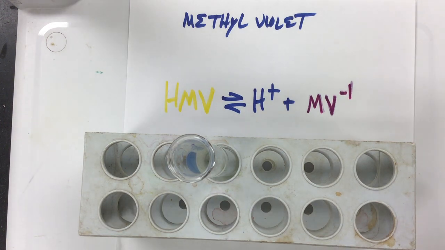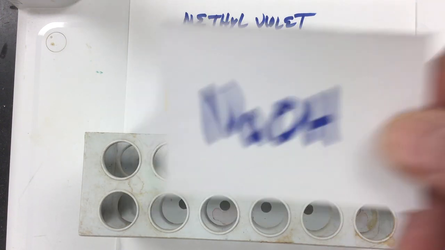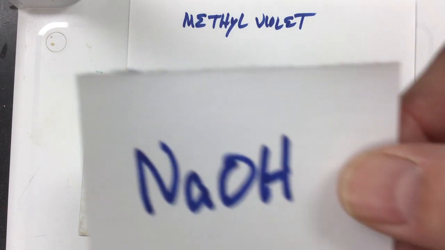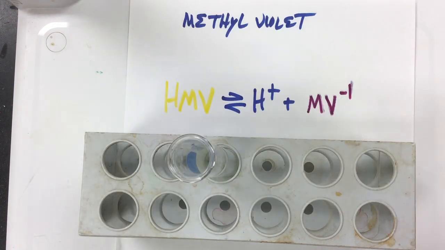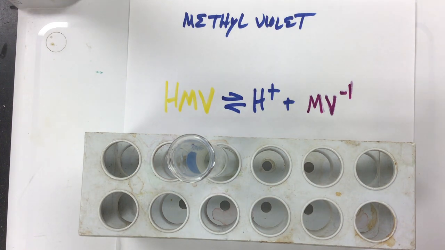Now we're going to change it again, but this time we are going to add sodium hydroxide, Na and OH. Now what effect do you think NaOH will have on this equilibrium as written here? At first glance, you might say to yourself, well, nothing.